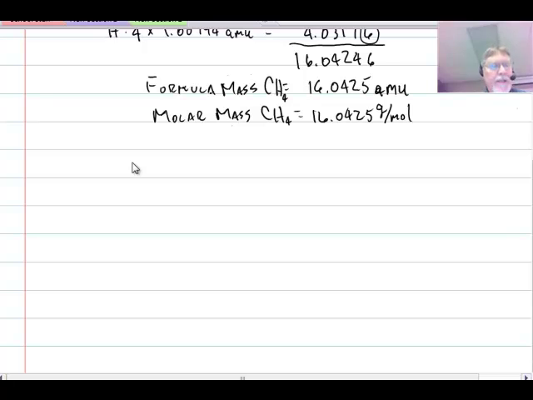All right, let's take a look at a second example here, and this is an ionic substance. If we look at aluminum nitrate, aluminum is Al3+. Nitrate is a polyatomic ion, NO3 minus. All right, to get the correct formula of this, remember we take the 3 down there and the 1 down there.